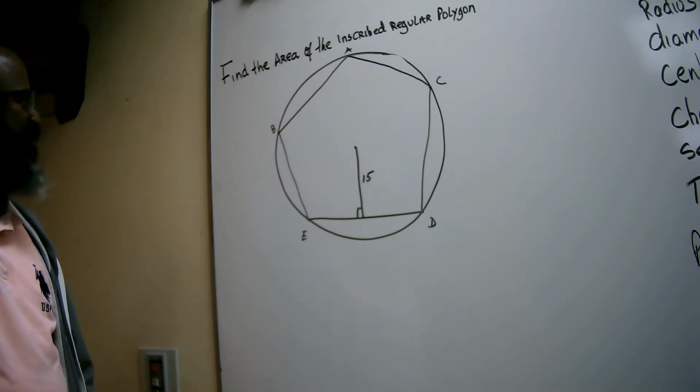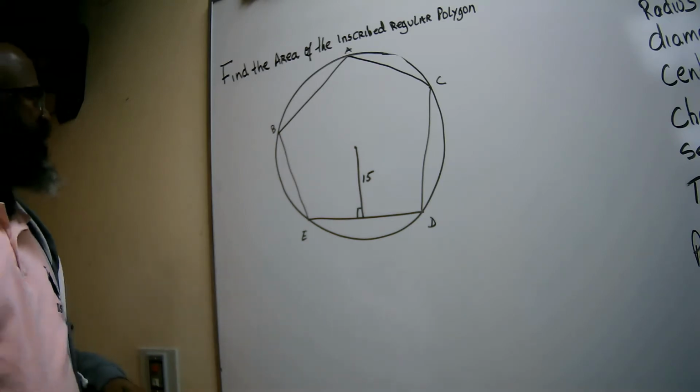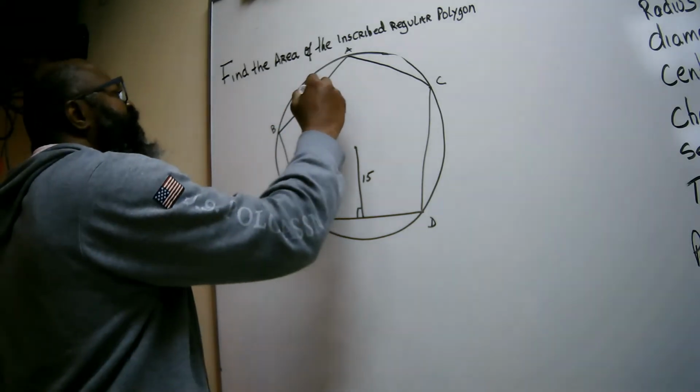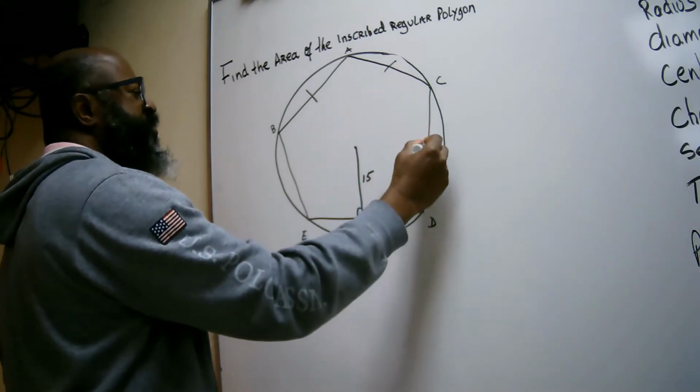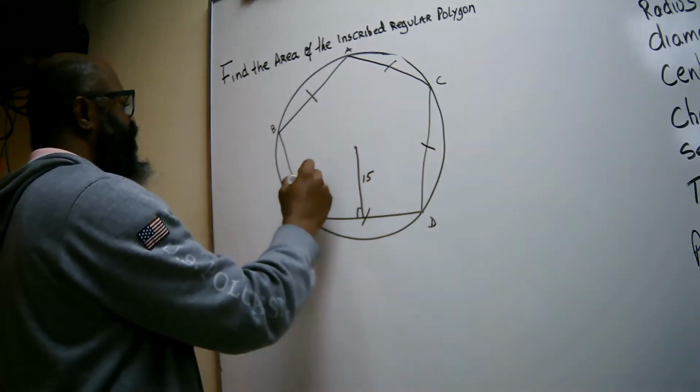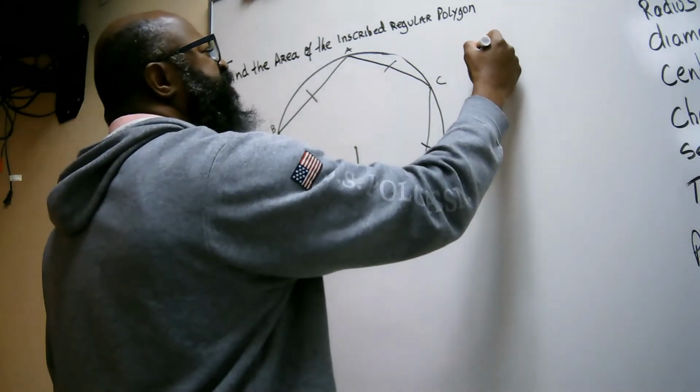So in this case, we have a regular polygon. That's 1, 2, 3, 4, and 5. That's a regular pentagon.